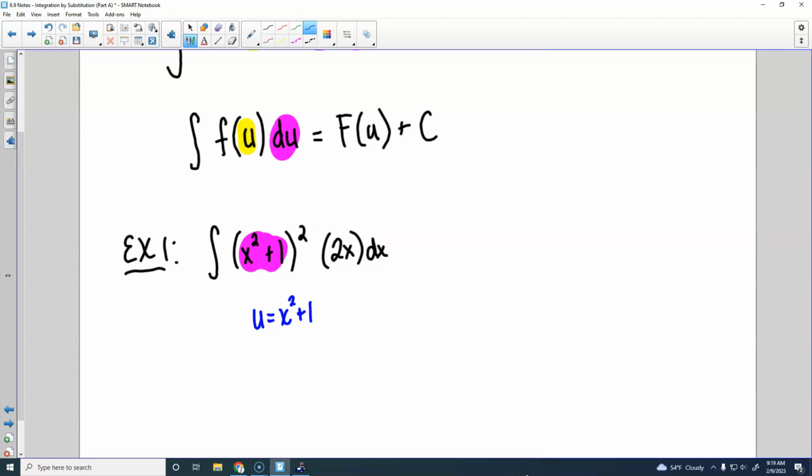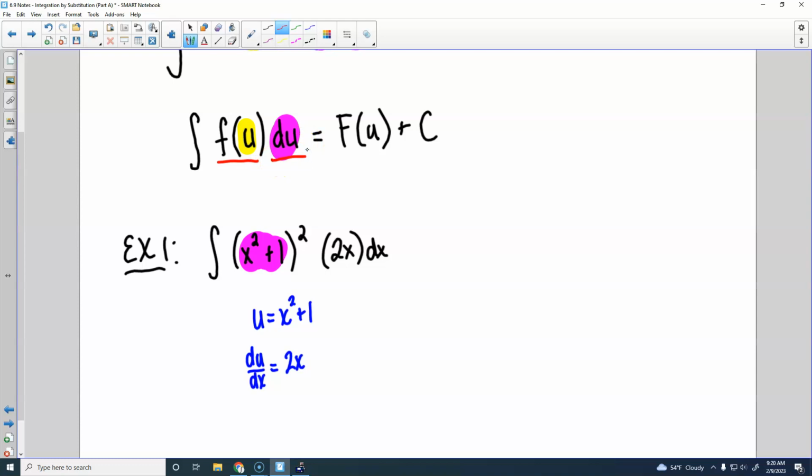So what we want to do is take the derivative of that. So du dx will equal just 2x right here. Now, notice in this formula that I have an f of u, and then I have a du over here.